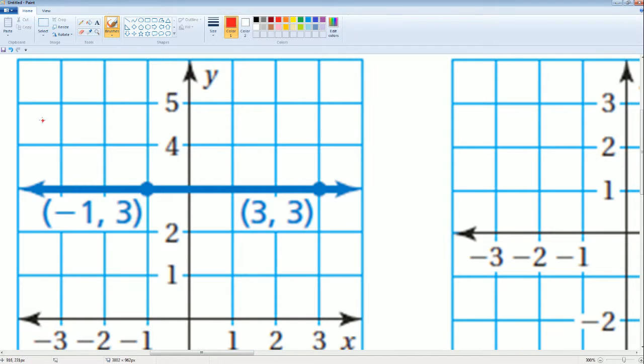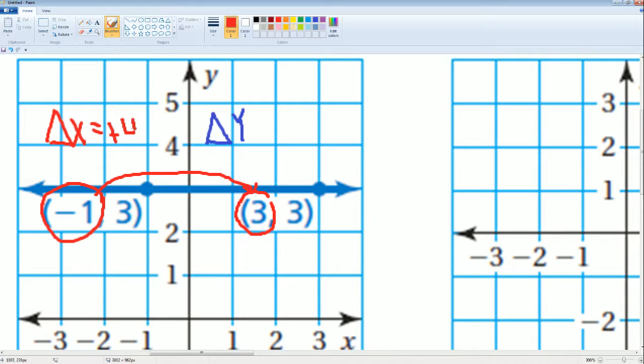Again, what are the two things that we need? We need a delta x and a delta y to get our slope formula. How do you go from -1 to 3? We add: -1, 0, 1, 2, 3. Looks like we add 4, so this is a plus 4. How do we go from 3 to 3? 3 is already 3, so nothing happened.